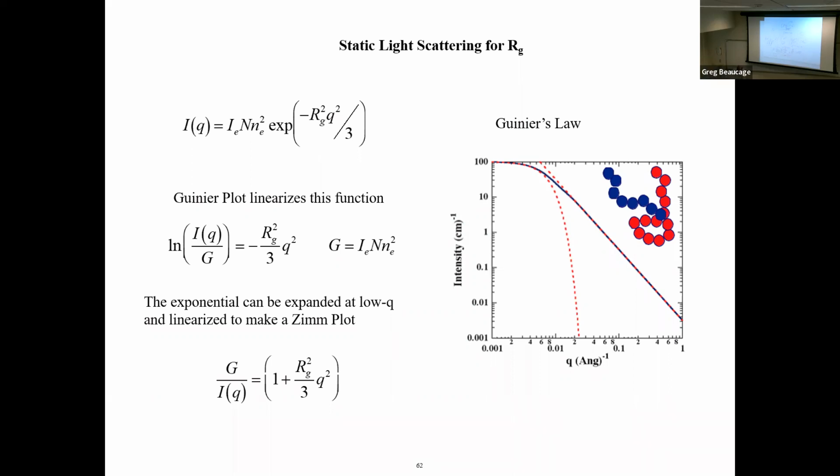Anyway, we've got intensity, which is proportional to the mass of the thing, and Q is inverse size. So the mass goes with the size to the fractal dimension. If it's a log-log plot, the slope is the fractal dimension. That's 2 for the polymer coil, until you get to the point where this starts to look like just a splot somewhere.